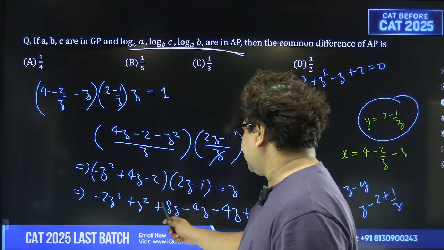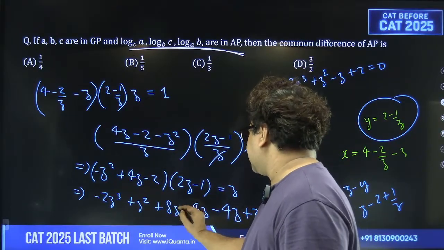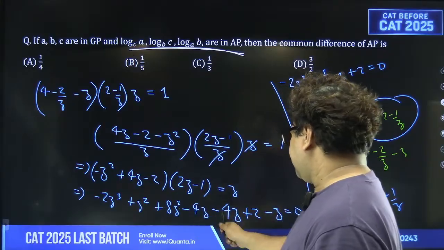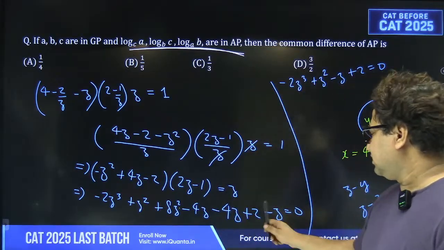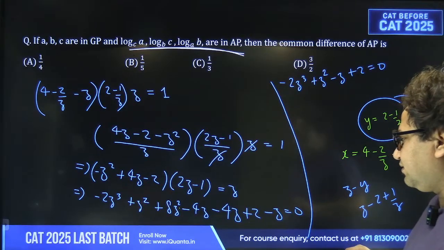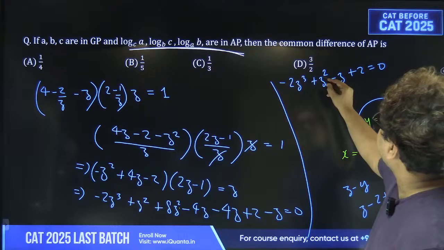Minus 2z cube plus z square plus 8z, and this is square, 8z square minus 4z plus 2 minus z. 8z square was there, so we have how much? Plus z plus 8z square, this is plus 9z square.